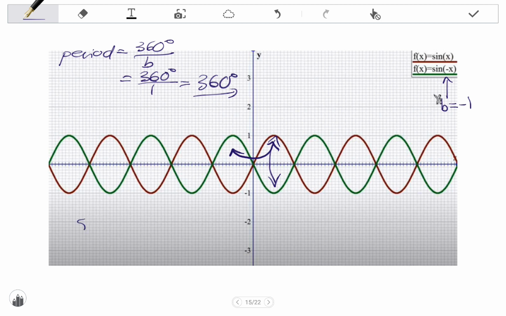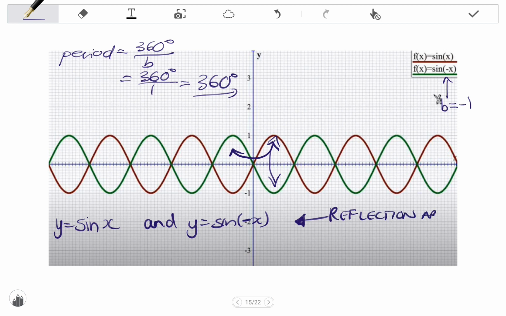So we know that y equals sine x and y equals sine negative x, those two graphs represent a reflection about the y-axis, because our x value goes from a positive x to a negative x.